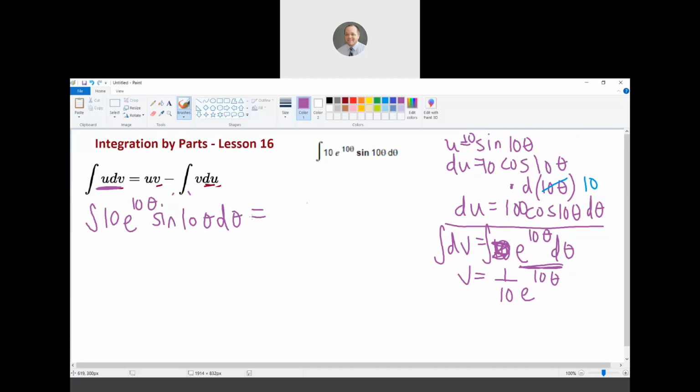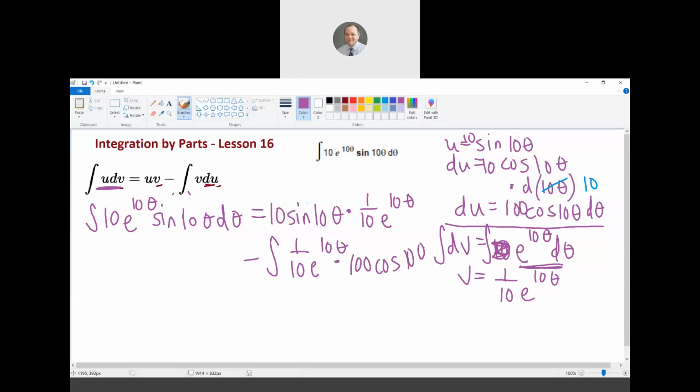And we'll plug in the rest of the integration problem. u is 10 sine of 10 theta times v, which is 1 over 10 e to the 10 theta, minus v, which is 1 over 10 e to the 10 theta, and then let's see what's left, times du, which was 100 cosine of 10 theta d theta.